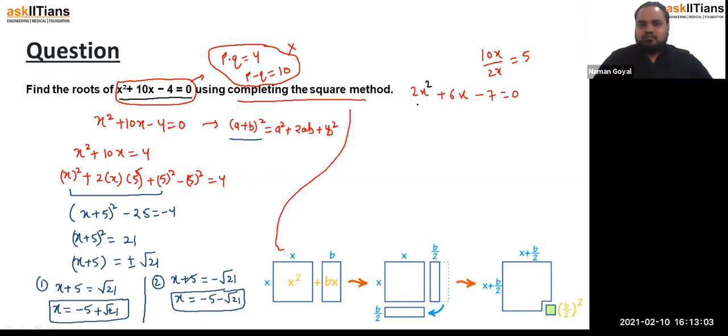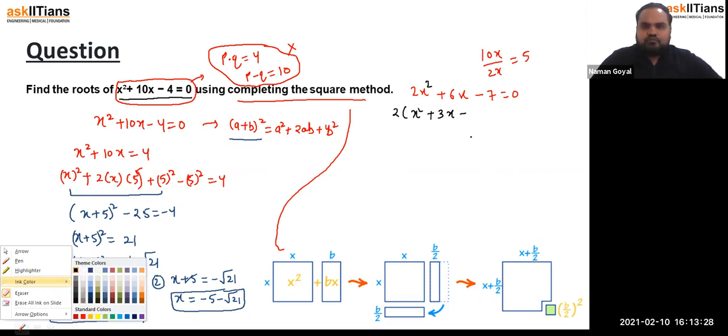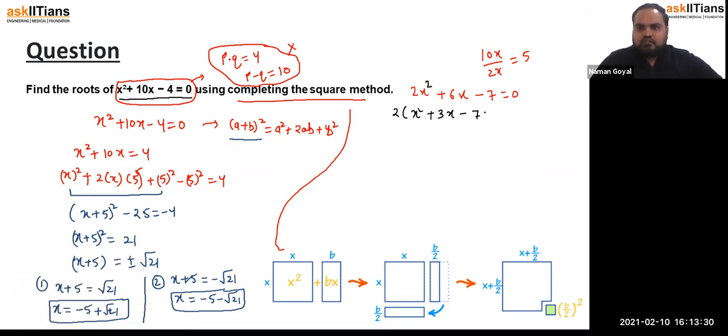Okay, so what are we doing here? We can take 2 common. How do we make the coefficient of 2x square as 1? We can take 2 common. So if I take 2 common, it gives x square plus 3x minus 7 by 2 is equal to 0.